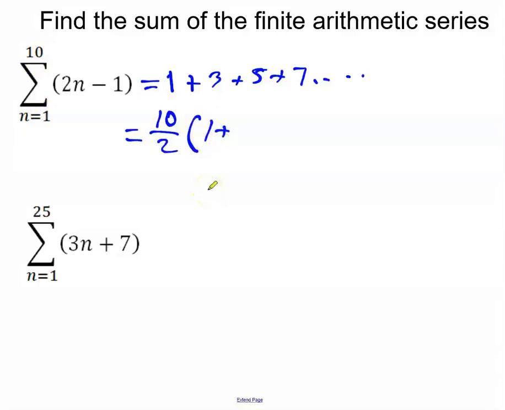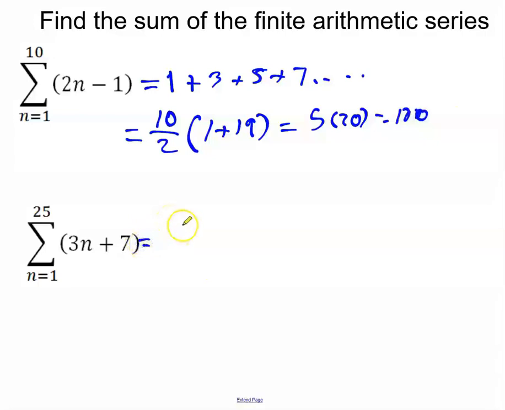Now, fortunately, we have this formula for our sequence, so we can just go straight to finding the 10th term. 2 times 10 is 20, minus 1 is 19. So here we have 5 times 20 gives us 100.